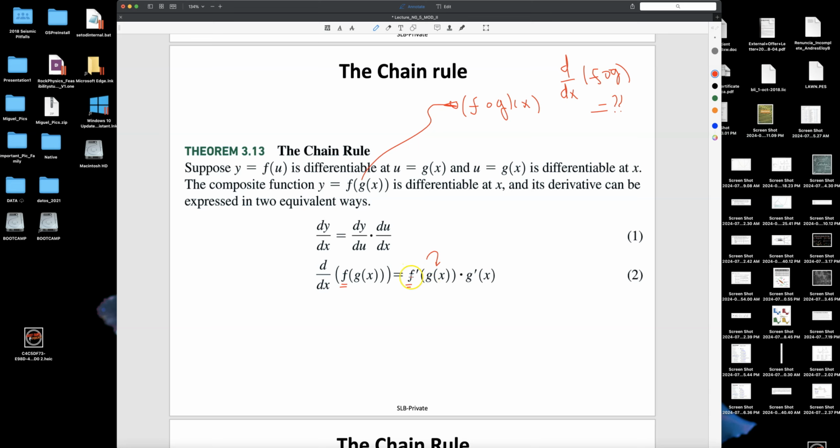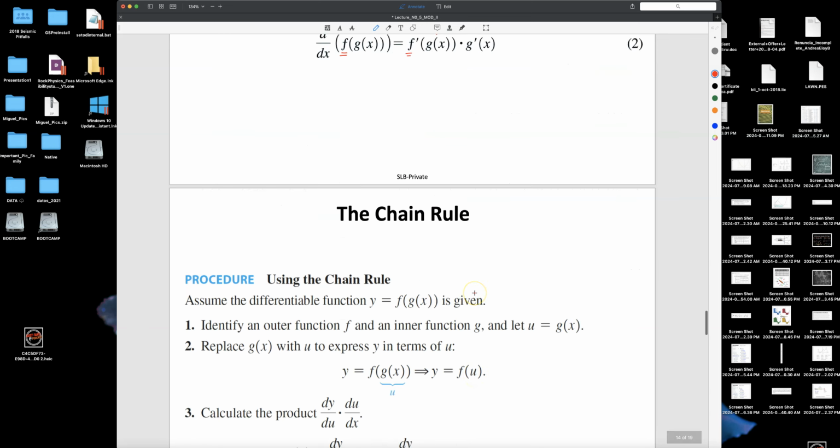So, it is the derivative of the external function, the one that is more to the left, evaluated in the internal function, the inner function, in here, times the derivative of the inner function, which is this one. That's the rule. That's the chain rule.